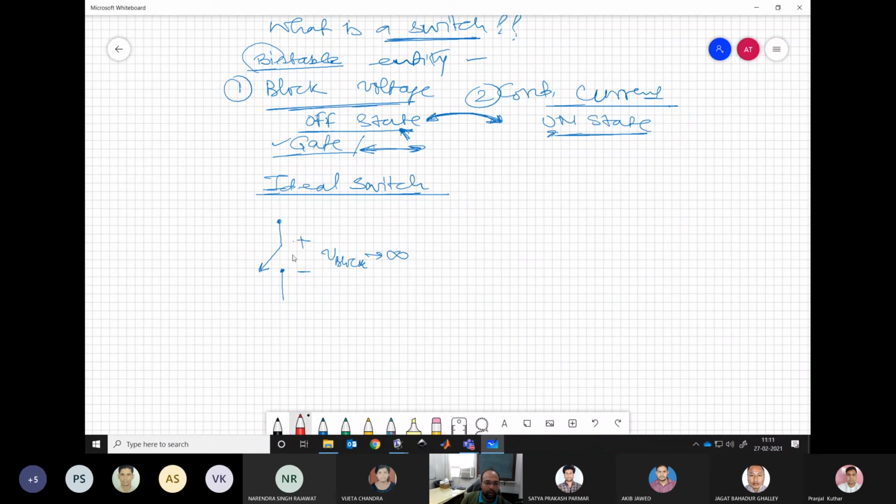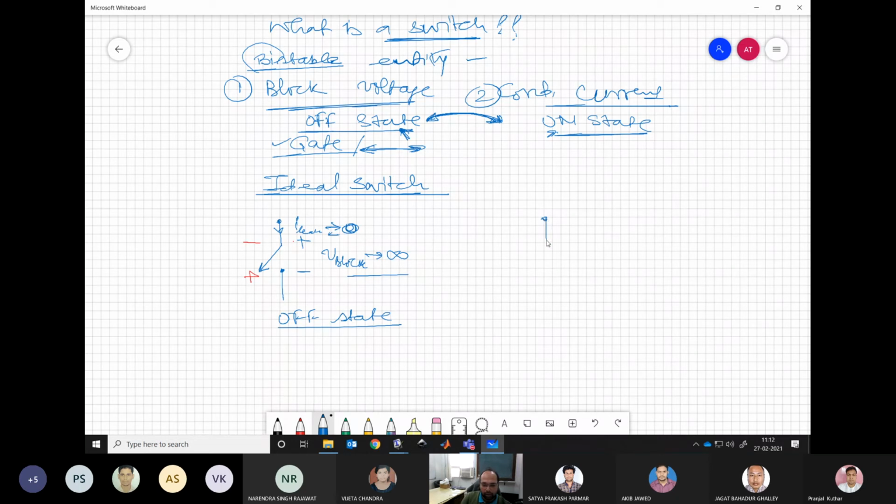Let us say it can block in this direction or it can block in this direction. And during this blocking state, the leakage current I, if at all there is any, is very close to zero or actually equal to zero. So there is no current conducting during the off state, and it can block any amount of voltage, whatever is desired.